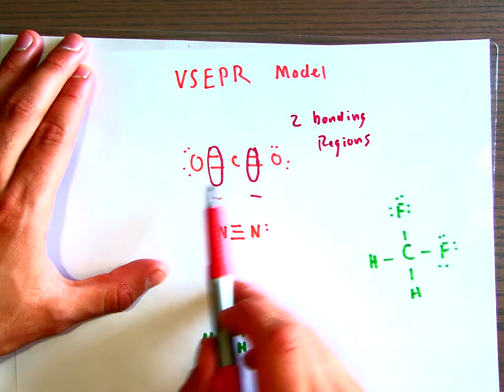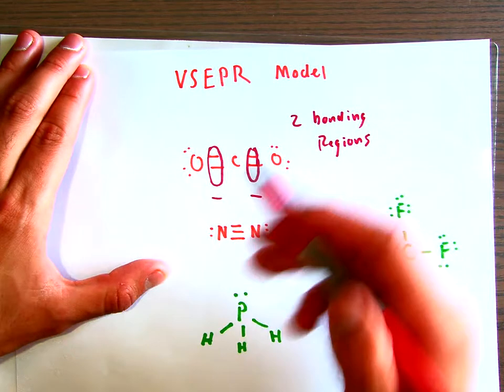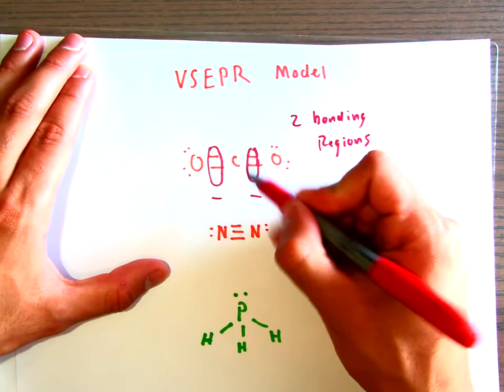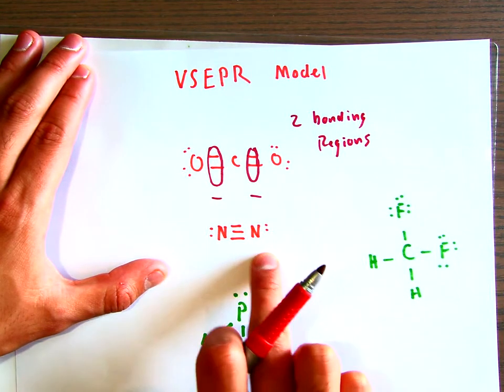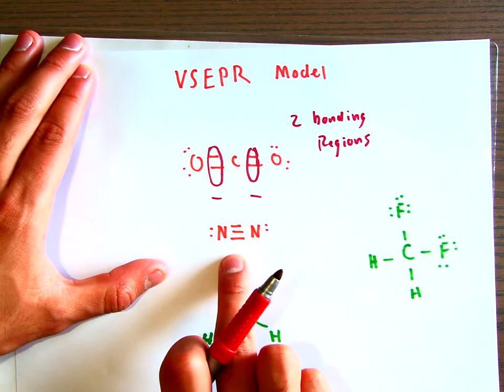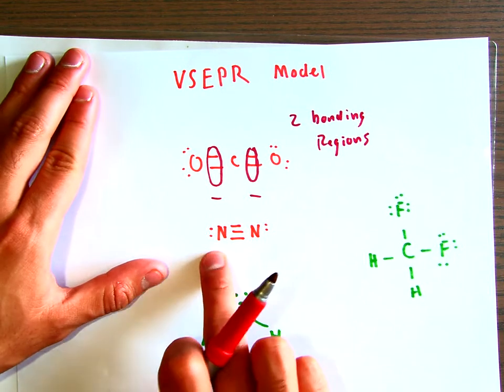So this is one electron region, this would be two. I have two electron regions and no lone pairs around the center atom. In this example, I don't have a center atom, so there's going to be a specific type of shape this forms, which we'll go over in a bit, but just keep in mind there's no center atom.